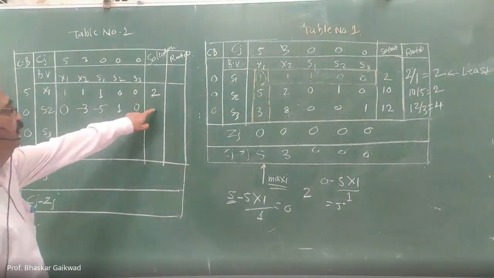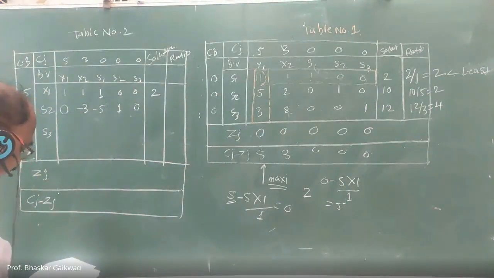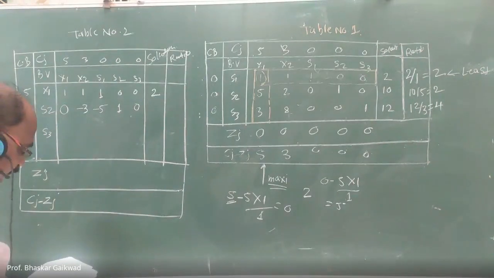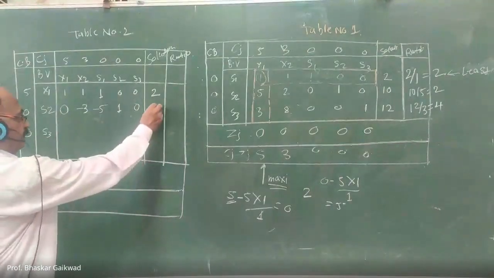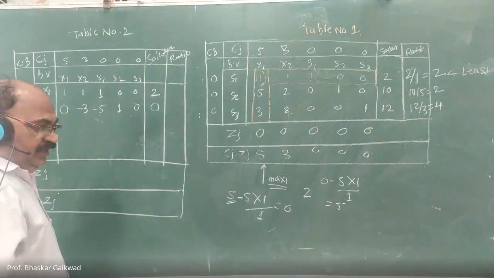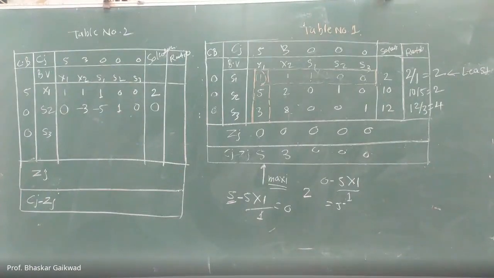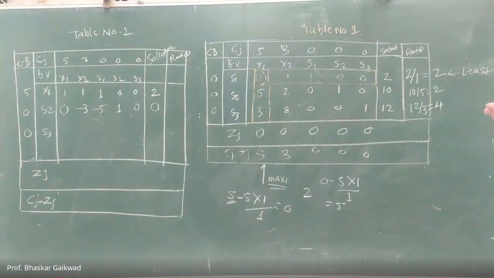Instead of 10, what should be here? 0. Correct. Now related to this, anybody having any doubt? No doubt. Shall I proceed? Okay.